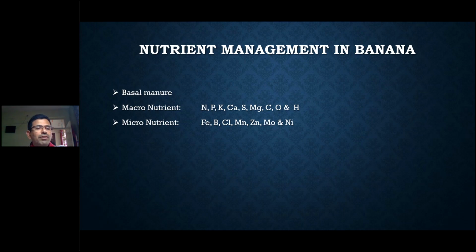And when we are doing the soil test, we have to test parameters like organic carbon of the soil, and second thing is nitrogen, phosphorus, potash, and pH of the soil and EC of the soil. And other micro elements also we have to test. Mainly these parameters we need to test.